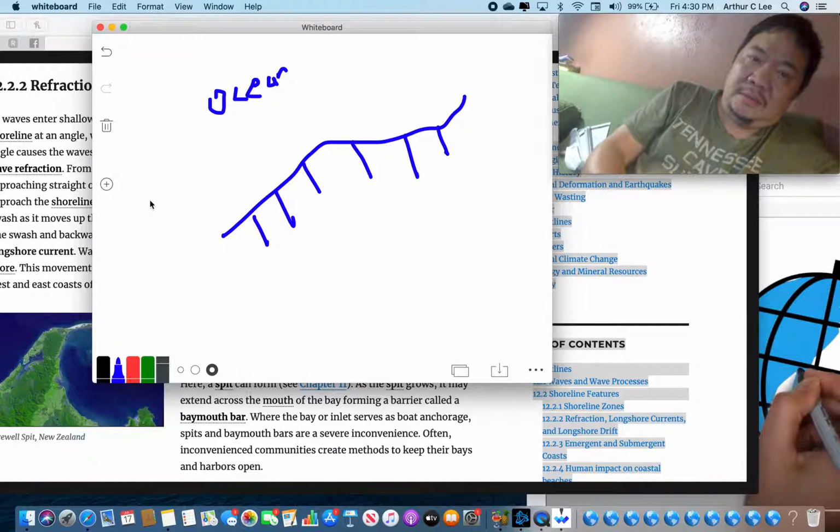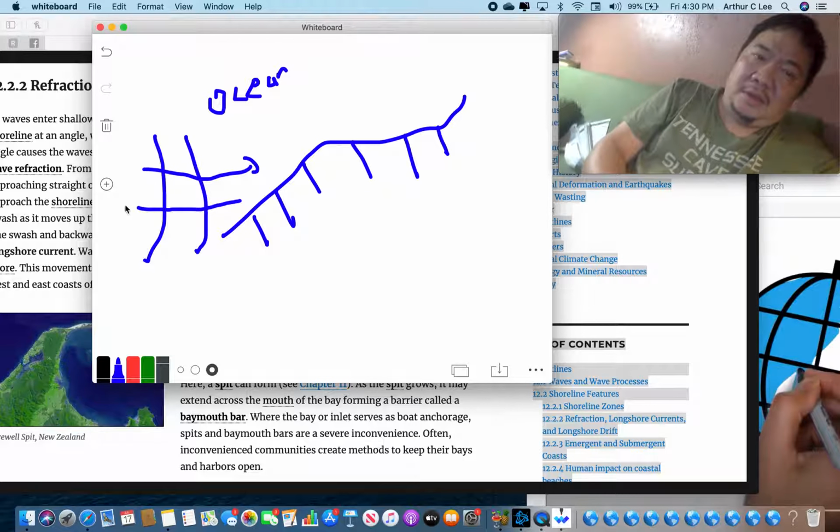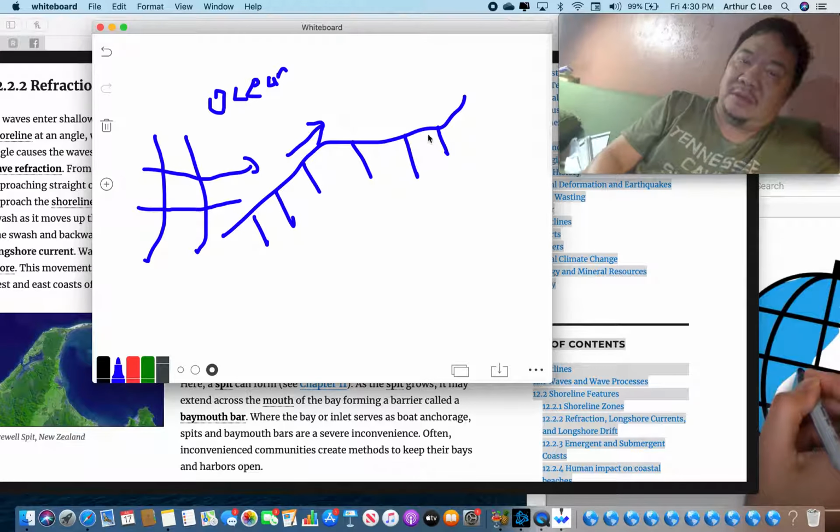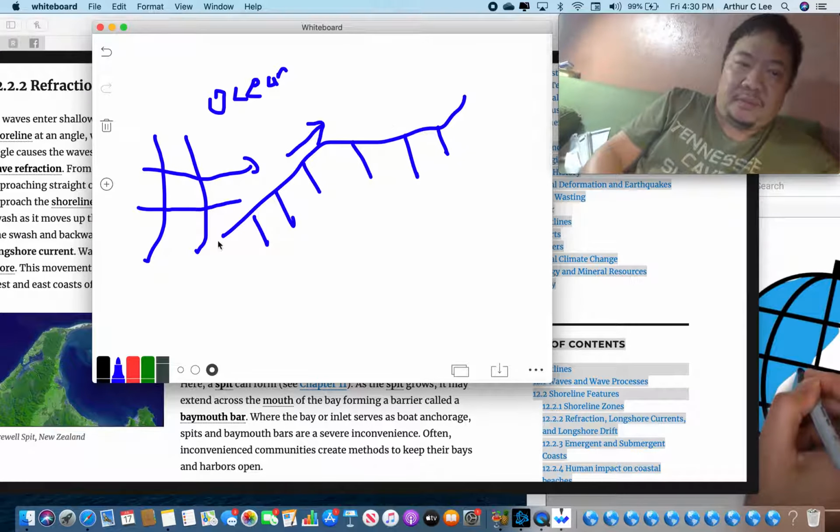Let's say the wave crests, the waves, are coming from the west to the east. Since they're going to hit at this angle, which way would the longshore current go? It would go this way, towards the northeast. So that means there's going to be a river of sand moving down the coast. One more picture.